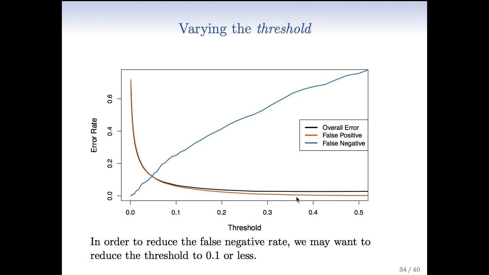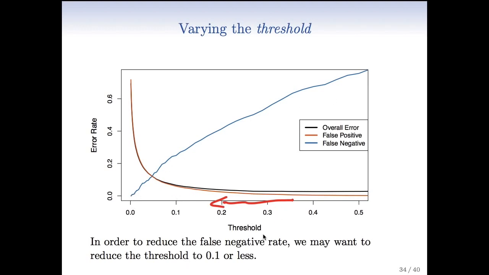And so as we decrease the threshold, the false positive rate increases, because now we're going to classify more and more negatives as positive. But it increases very slowly, you'll see. For a long part of the threshold going down, the false positive rate doesn't increase very fast. Of course, the false negative rate decreases as we do that.